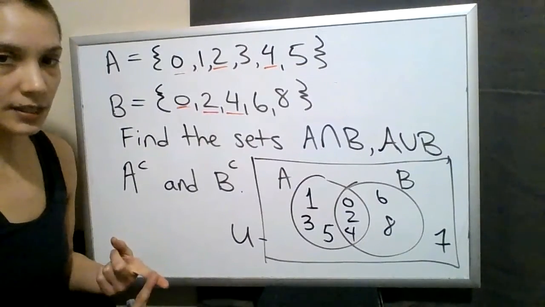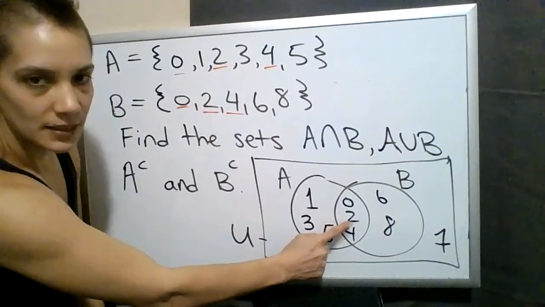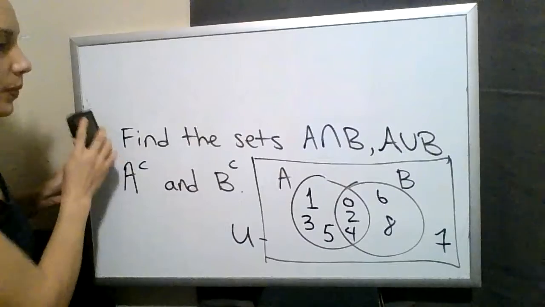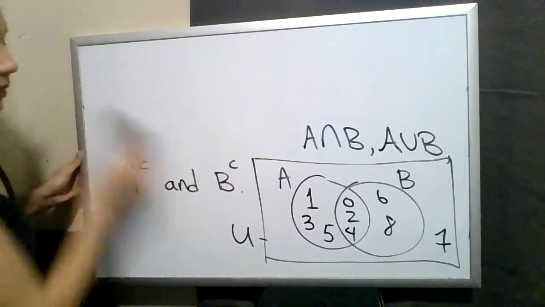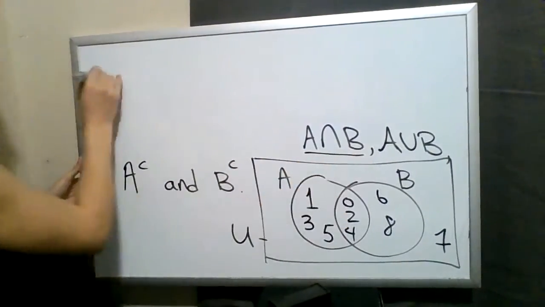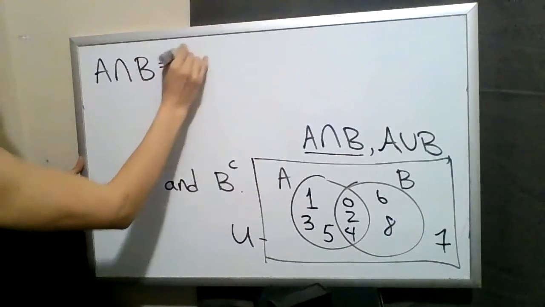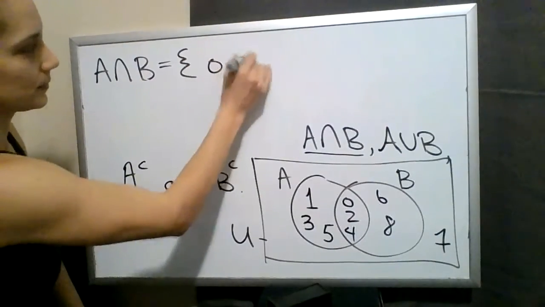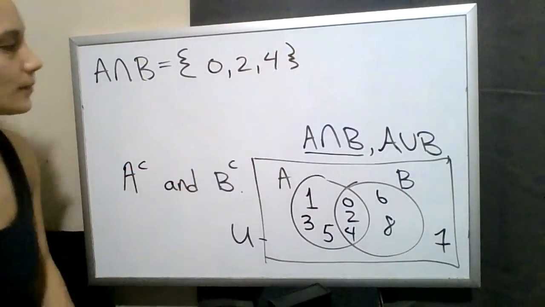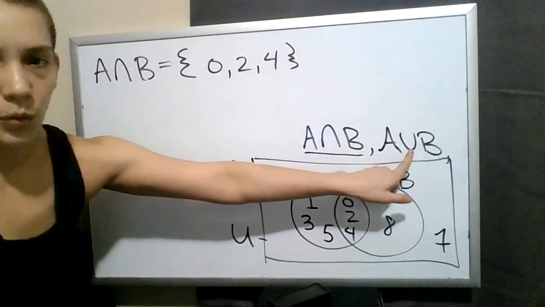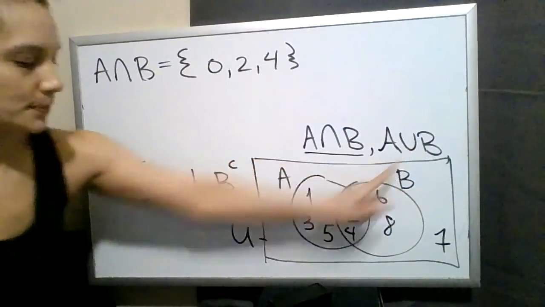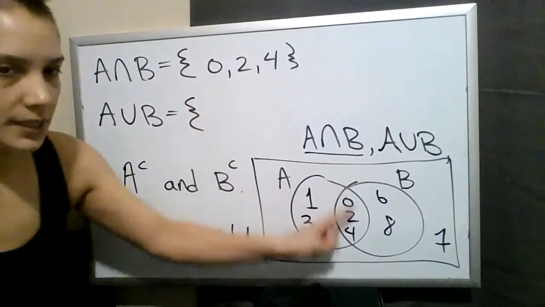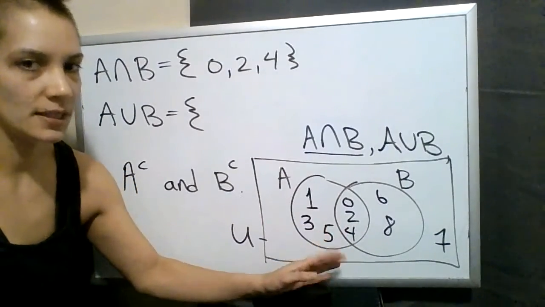So for the intersection, it's that space right there, A intersect B. So it's in A and it's in B. This is A or B, the union of A and B. So this set, along with that set, no repeated elements, and they don't have to be in order.